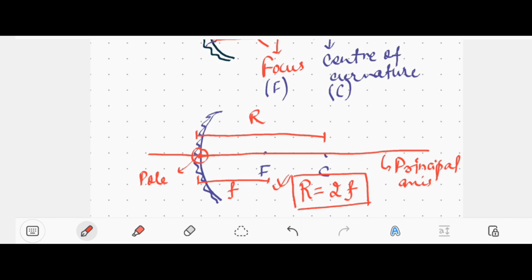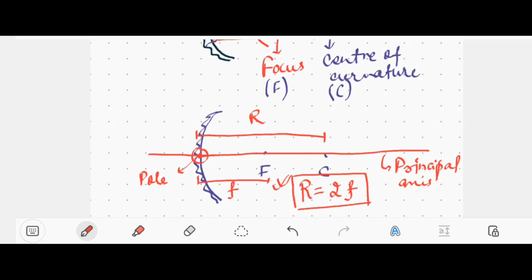We have a derivation related to this, along with the mirror formula and the lens formula, but from the class 10 point of view we don't need to understand those derivations, though I will discuss them in the next videos. Before going deeper into the topic, we will learn about the terms.